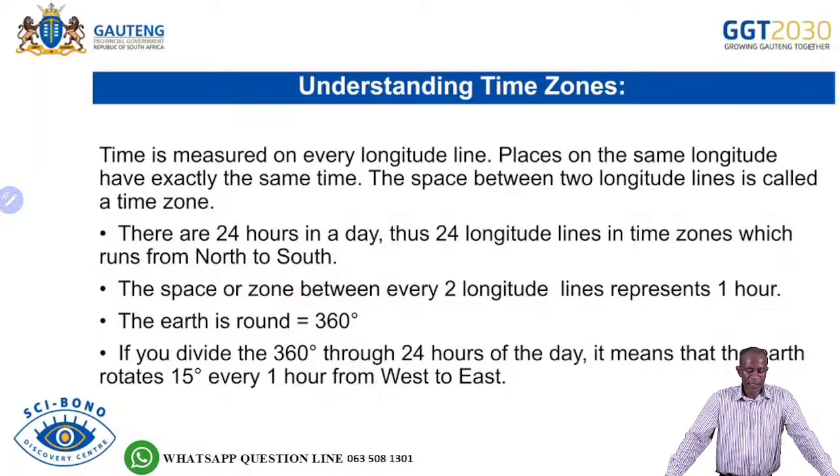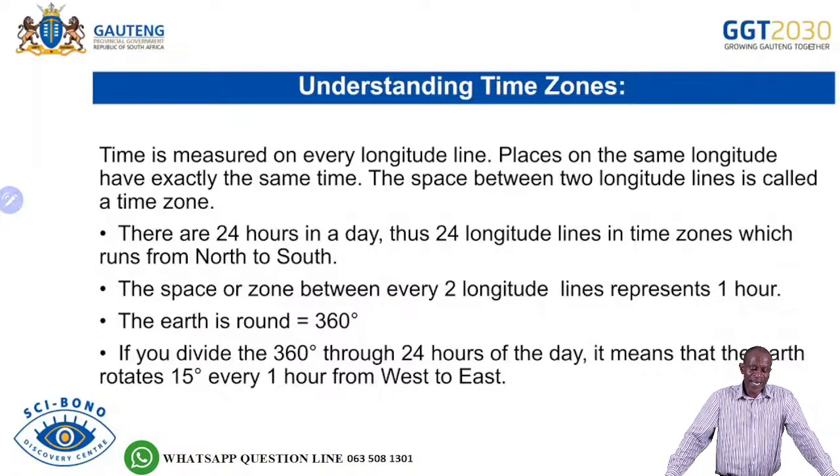The space or zone between every two longitude lines represents 1 hour. The area between two lines of longitude is equal to 1 hour.